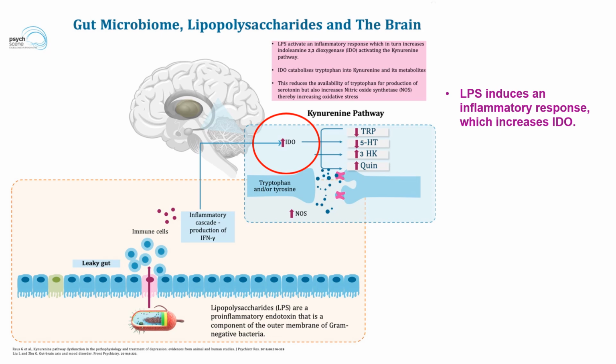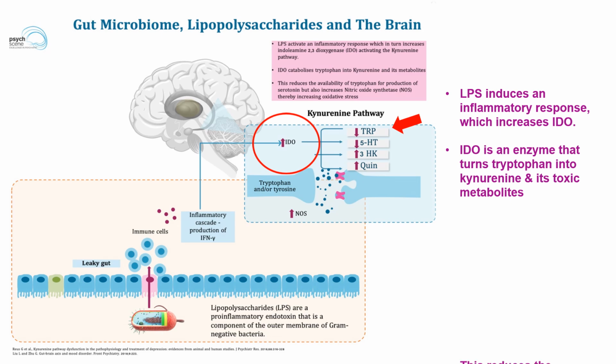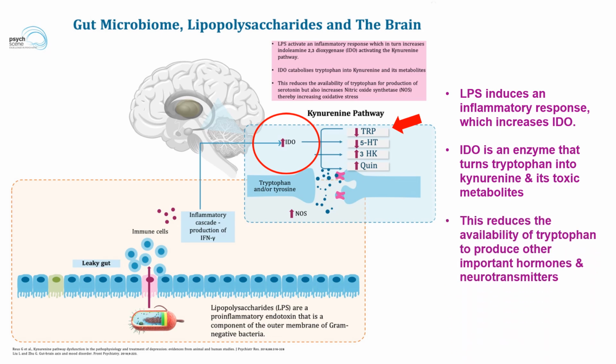This means that fewer amounts of tryptophan will be available to produce serotonin and melatonin for a balanced mood and better sleep. Now, this enzyme, like I said, turns tryptophan into toxic metabolites, and this reduces the availability of tryptophan to produce other important hormones and neurotransmitters.